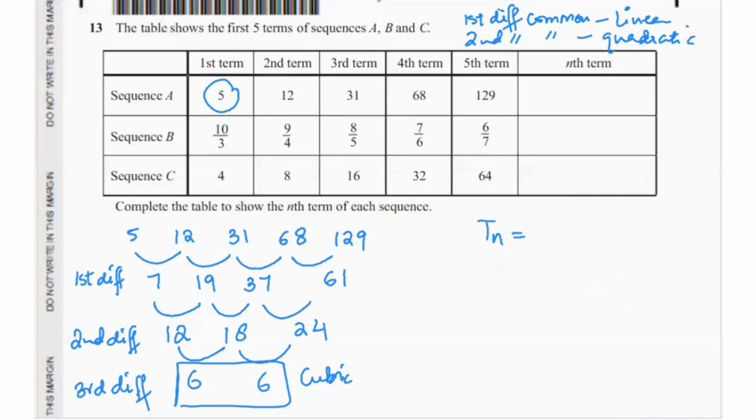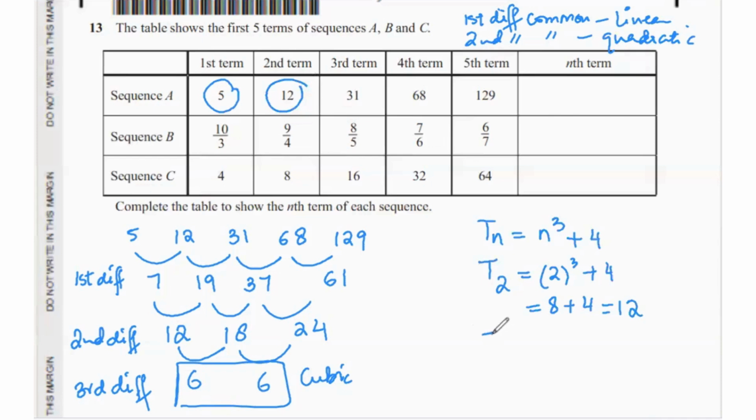So let's circle back to n cubed again. Now how can we turn 1 into 5? We can add 4 to n cubed because 1 plus 4 would be 5. So if we find the second term using that, 2 cubed plus 4 would be 8 plus 4, that is 12, which is the same as the term in the sequence.